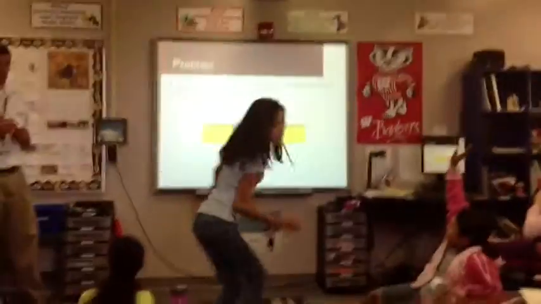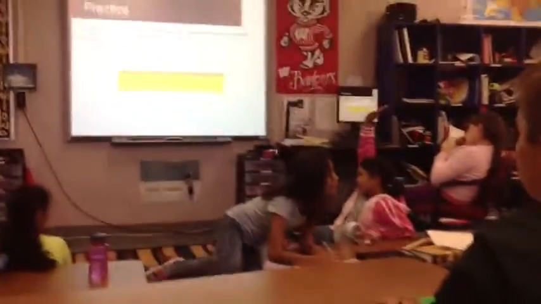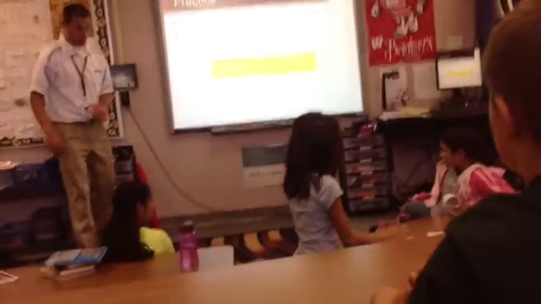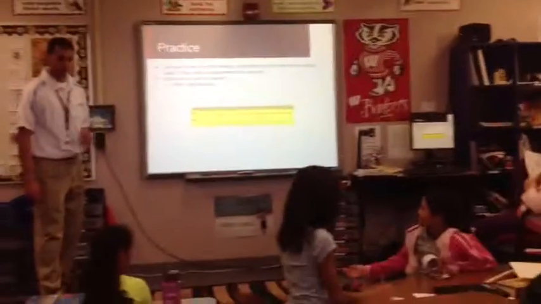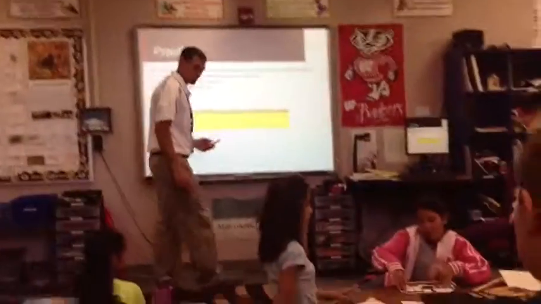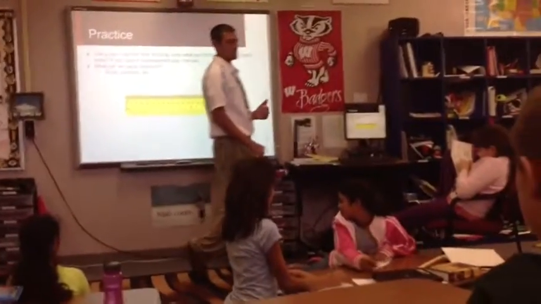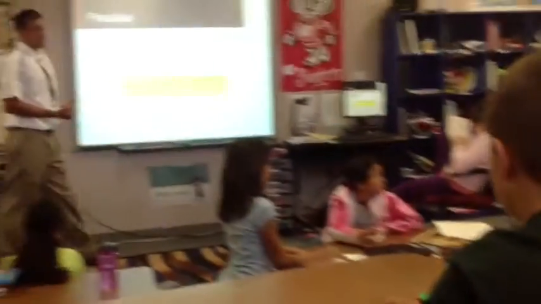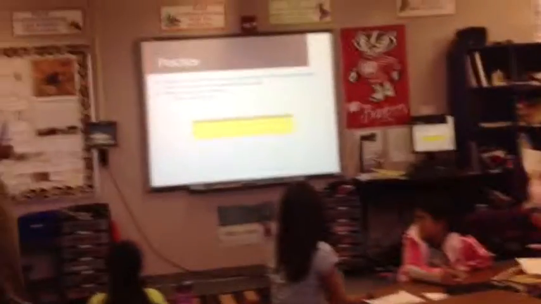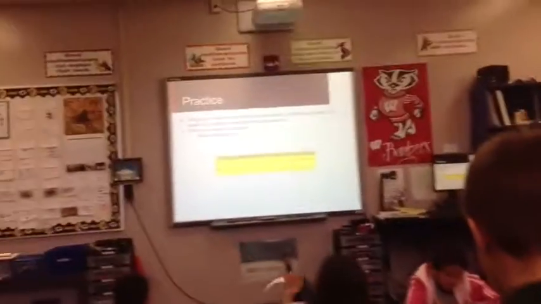It's slightly different than a meter stick. What other thing do we talk about that would be a great tool to measure with? Your feet. Yes. You could be measuring your strides. It's much faster than using a ruler and laying it down 100 times or 200 times. Are there any questions on scale right now?